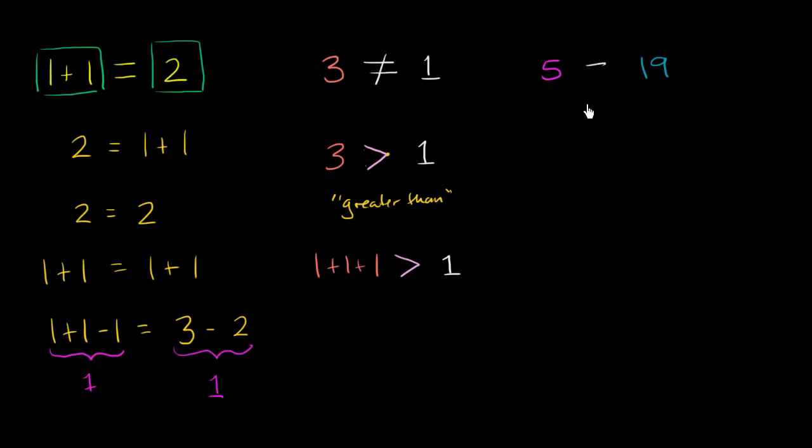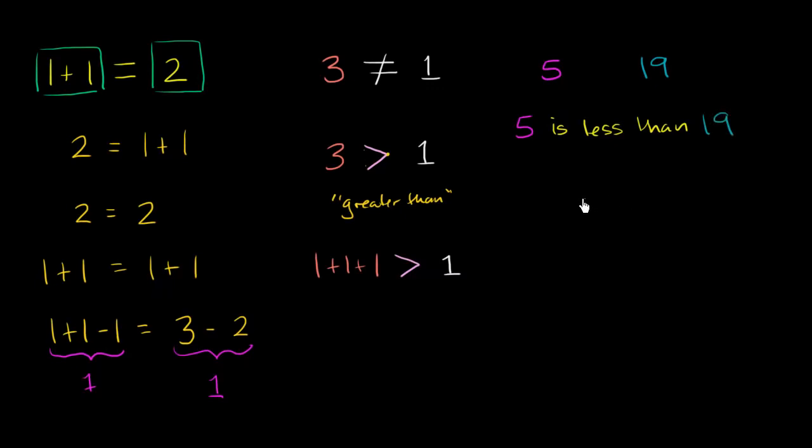In plain English, I would want to say 5 is less than 19. So let me write that down. I want to write 5 is less than 19. That's what I want to say.